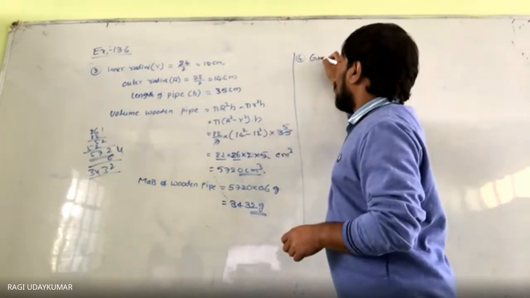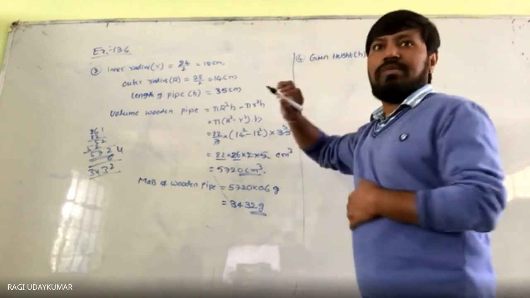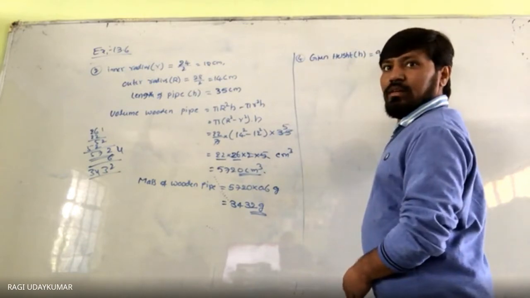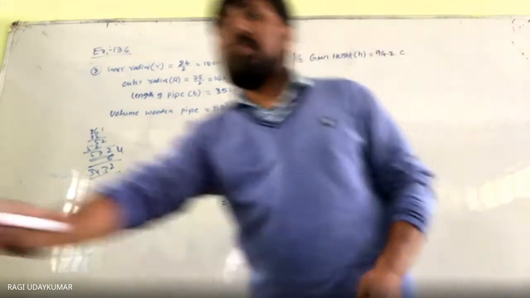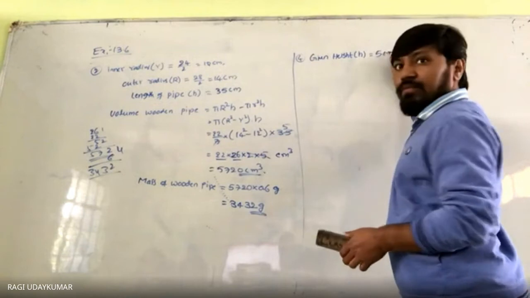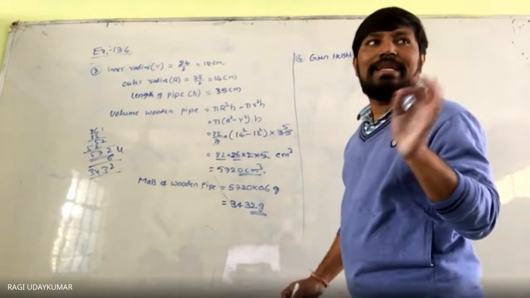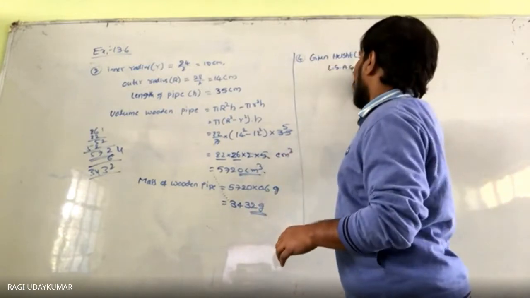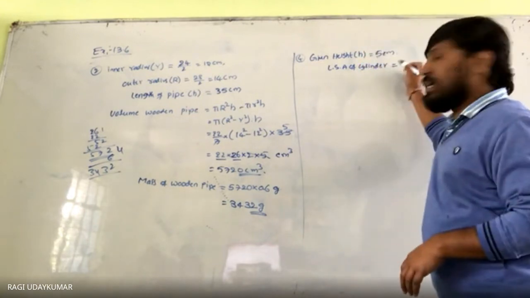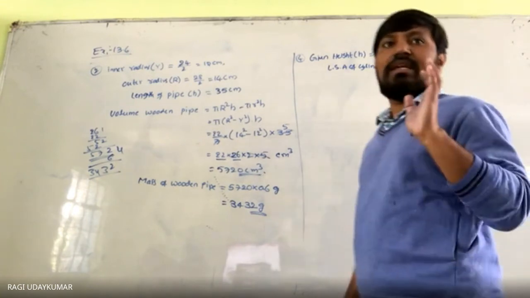So given height h is equal to 5 centimeters. Then find the radius of the base. Also given that the lateral surface area of a cylinder is equal to 94.2 centimeters square.